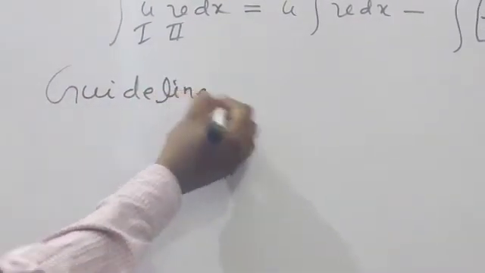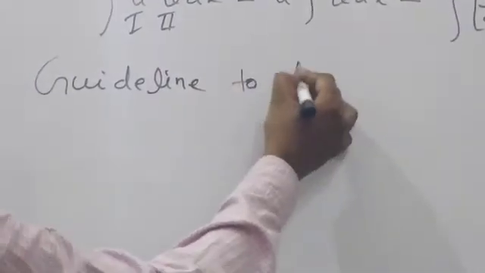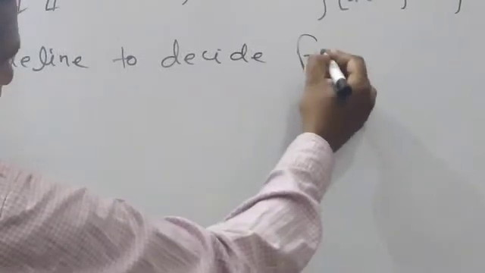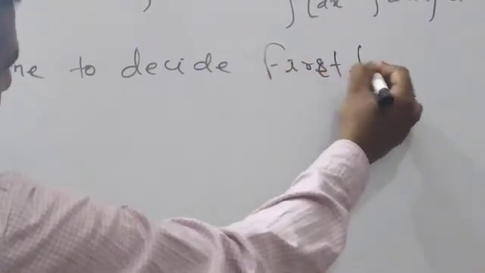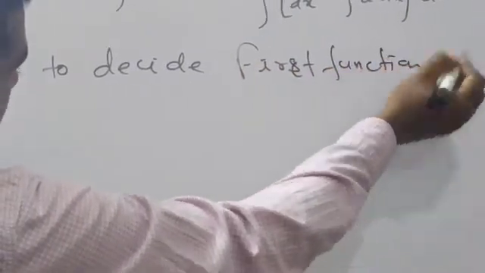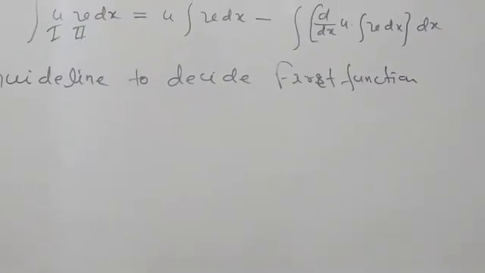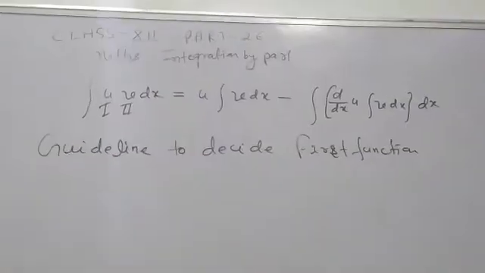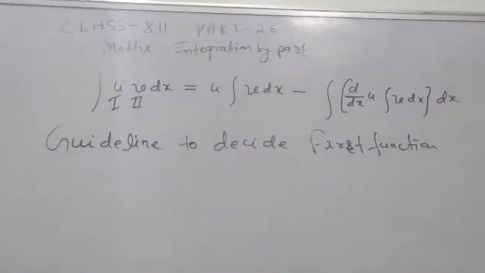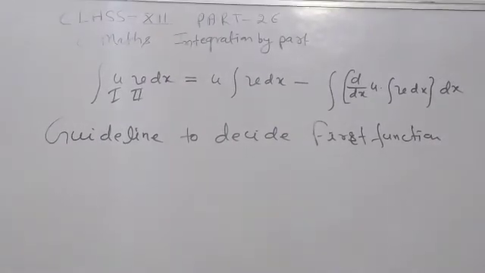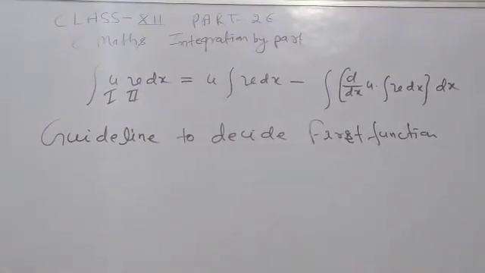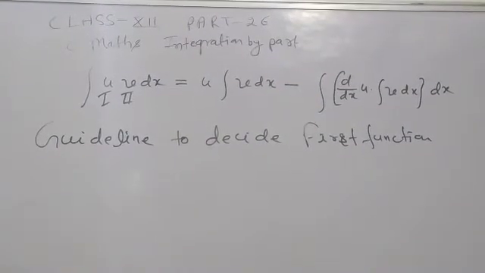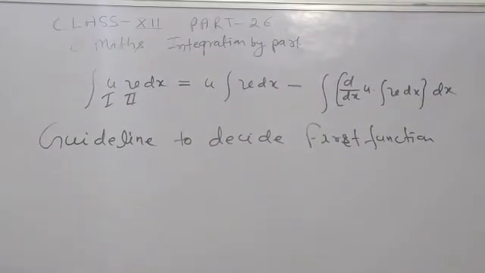Now, a guideline to decide the first function. Clear? u into v is equal to leaving u, integration of the second function, minus whole integration of differentiation of the first function into integration of the second function.